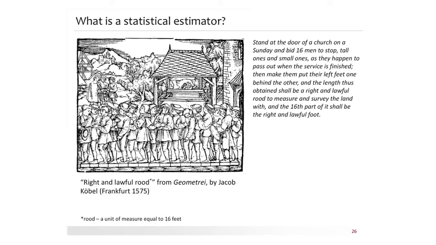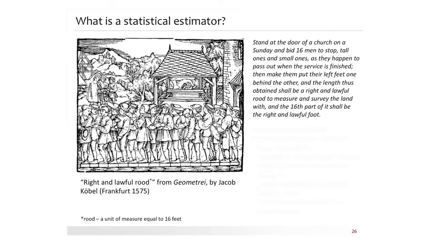Then make them put their left feet one behind the other, as illustrated, and the length thus obtained shall be a right and lawful rood." Rood is a unit of measure which is 16 feet. "To measure and survey the land with, and the 16th part of it shall be the right and lawful foot."